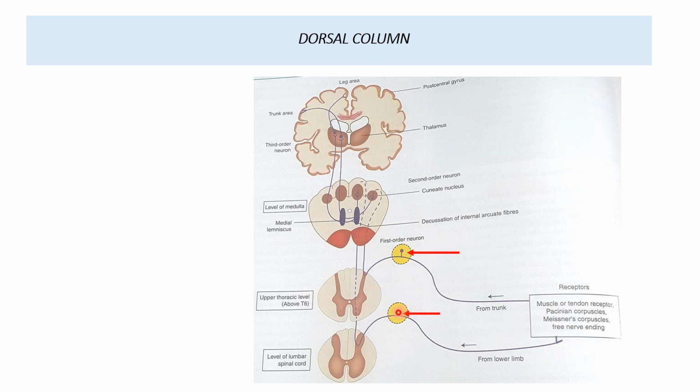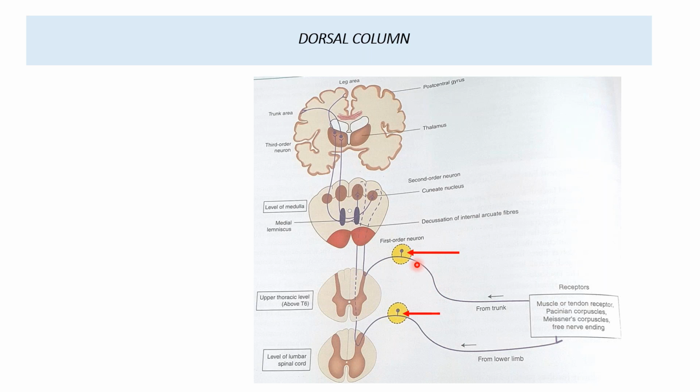If you can see the arrangement, this is the central process. The central process is going into the level of the spinal cord. It reaches the posterior funiculus and creates a fasciculus over here laterally. So the fibers from the lower limb are going to ascend more medially, in the medial aspect of this fasciculus.